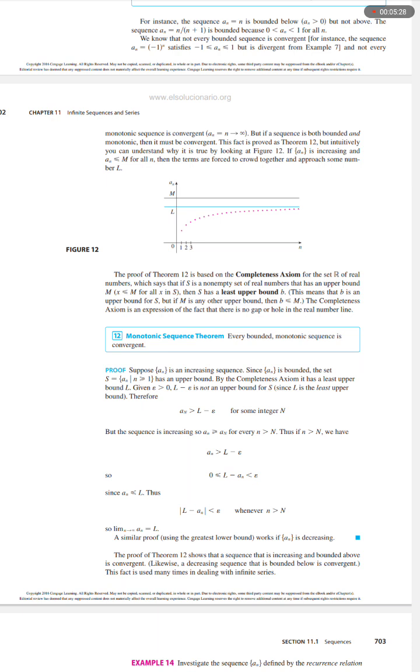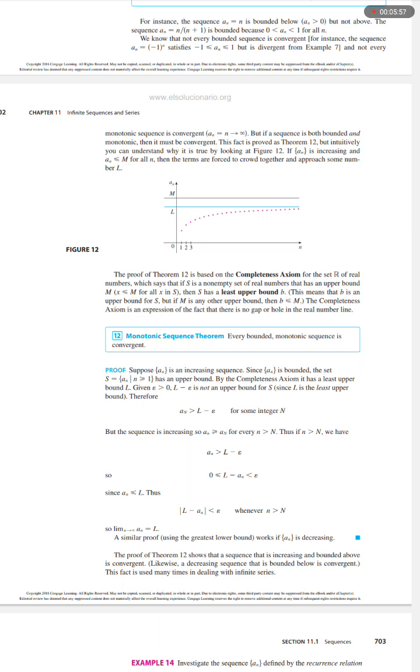And not every monotonic sequence is convergent. For example, a_n = n approaches infinity as n approaches infinity. But if a sequence is both bounded and monotonic, then it must be convergent. This fact is proved by Theorem 12, but intuitively you can understand why it is true by looking at Figure 12.